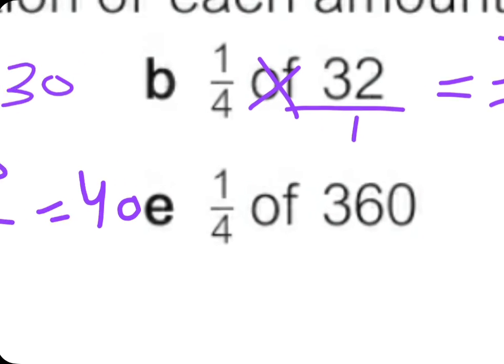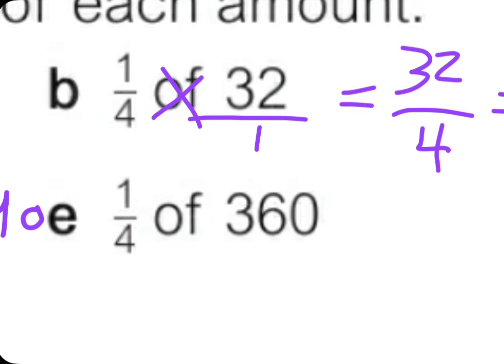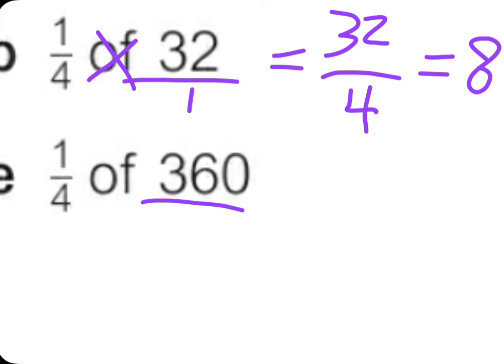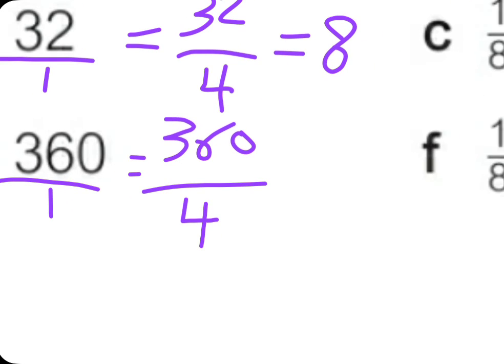Now, E. 1/4 of 360. Same idea. We will put 1 here, multiply the ones on the top, equals 360. Multiply the ones on the bottom, equals 4. And then when you divide 360 over 4, you will get what? Very good, 90. Good job.